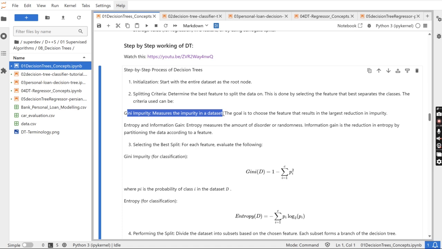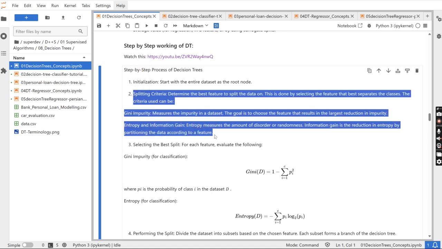Impurity means the mixture of various data points, and the goal is to choose a feature that will result in the least amount of mixture of data points belonging to various classes. Entropy and information gain can also be used, which measure the amount of randomness. Information gain will reduce the entropy.